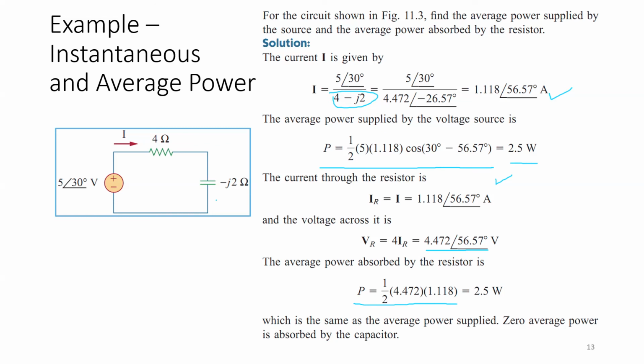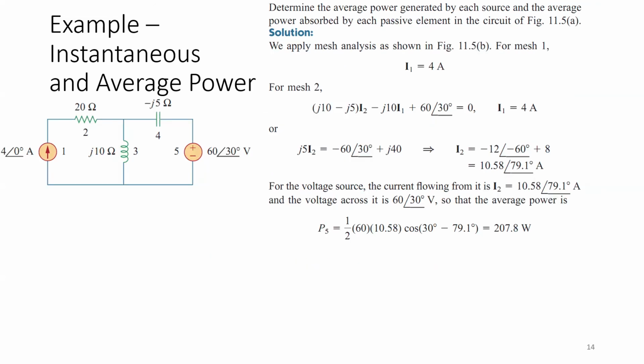And from this we can conclude that the total power absorbed across this capacitor is 0, because all the power delivered by the source, which is 2.5 watt, is absorbed completely by the resistor. This means that this capacitor is not absorbing any power, as we just saw in the previous slides.